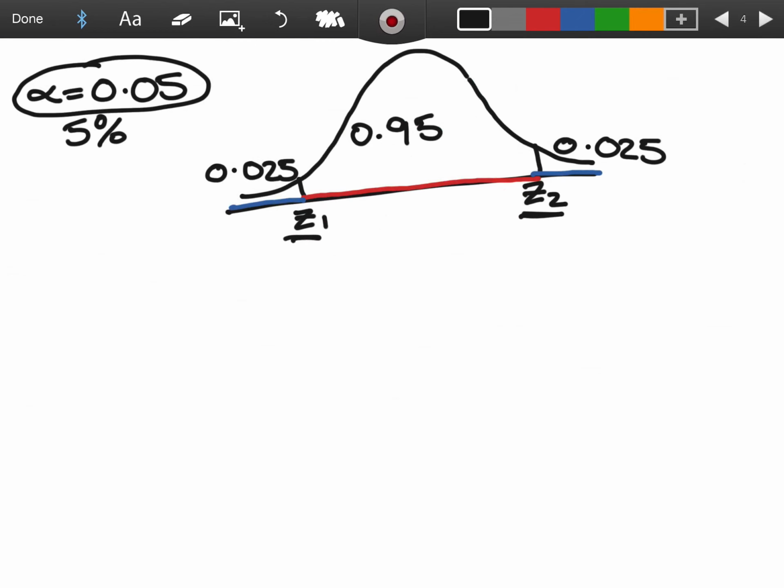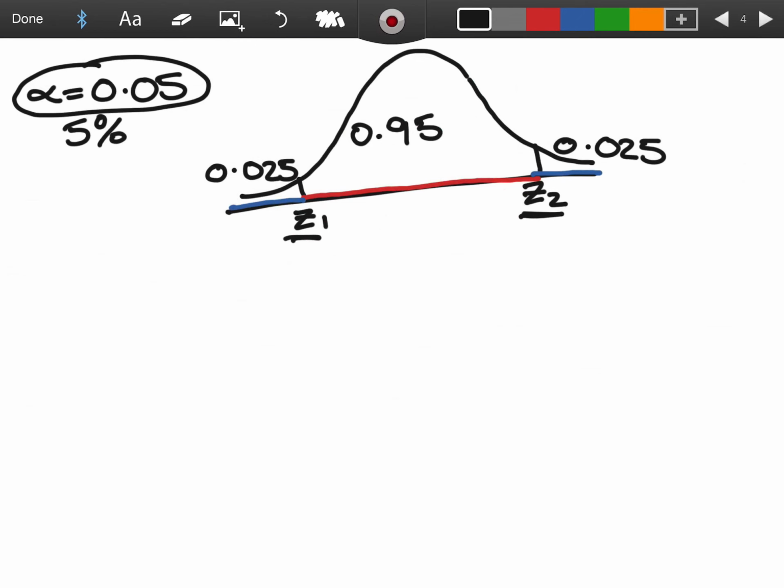Because 154 would just be too far away from 150 for us to stick to the fact that the mean is still 150. That means that we would have to change our opinion and say, okay, our sample mean was far enough away from what we thought our population mean was that we need to change our thinking and say that our mean is different, okay?